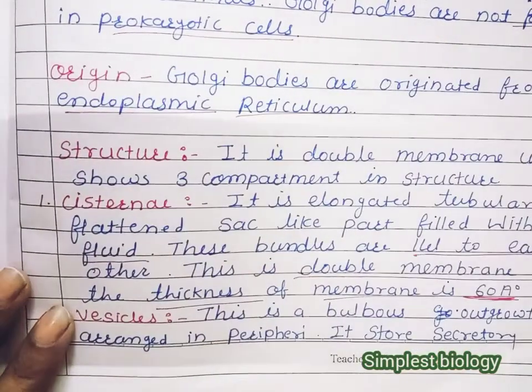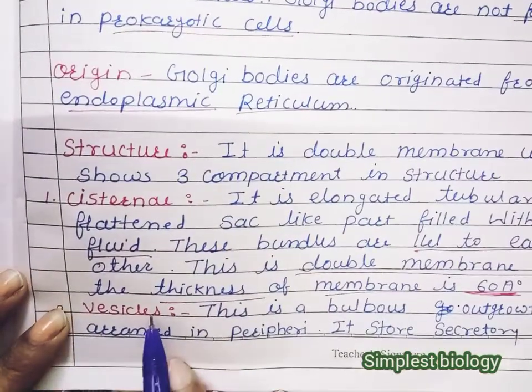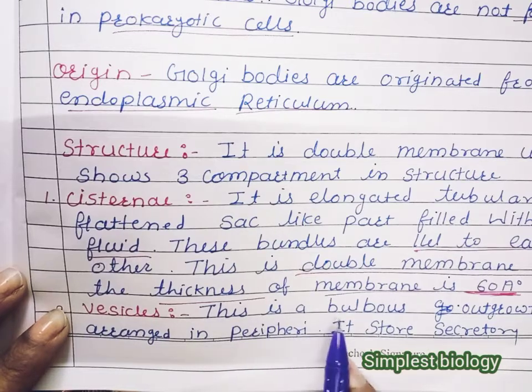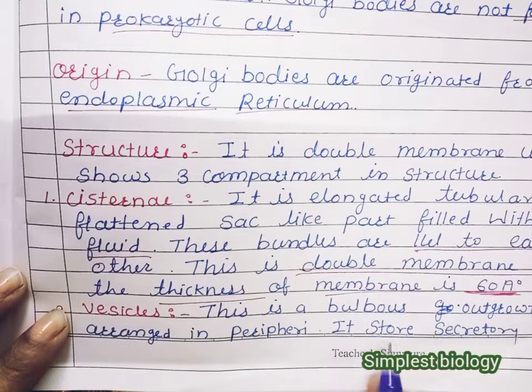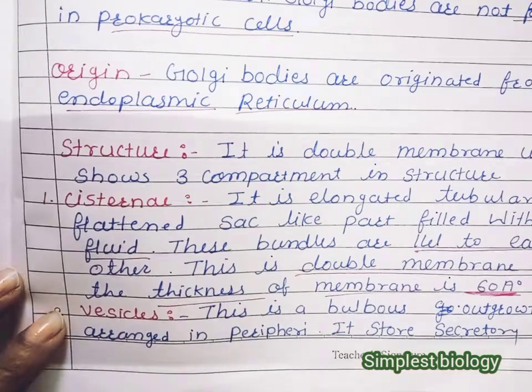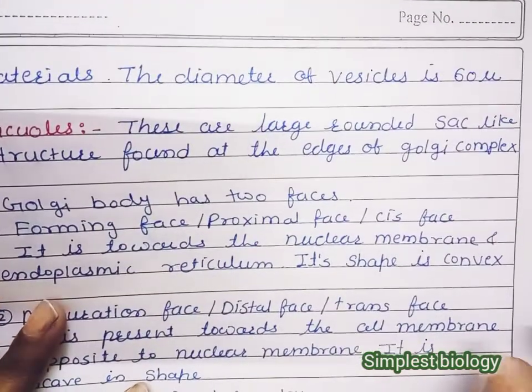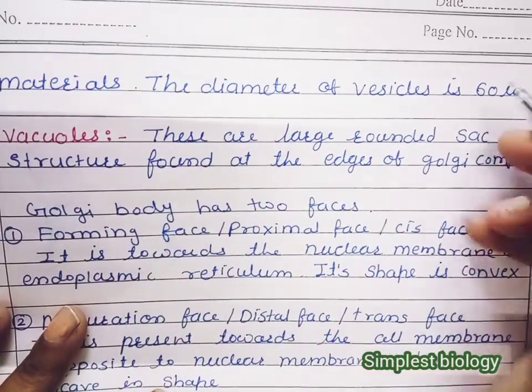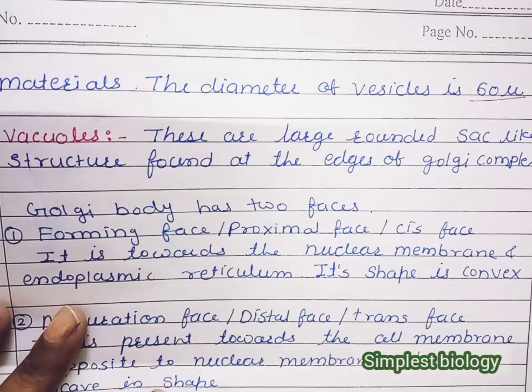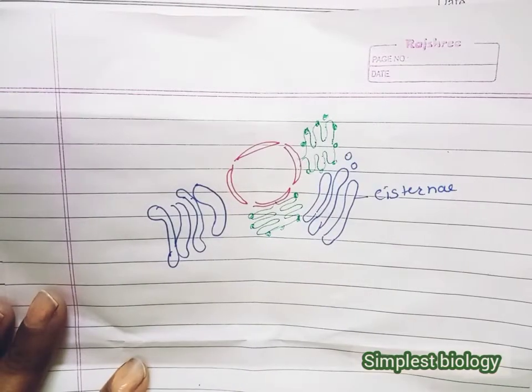Now the next one is vesicles. These are bulbous outgrowths arranged in the periphery. They store the secretory materials. The diameter of vesicles is 60 mu. Now on this page we start to draw the vesicles.